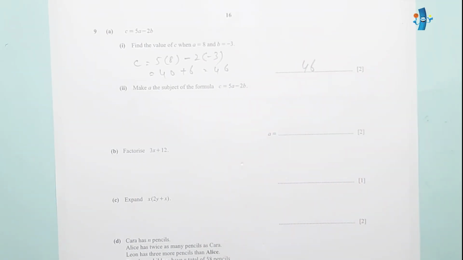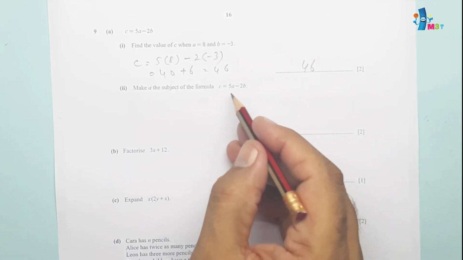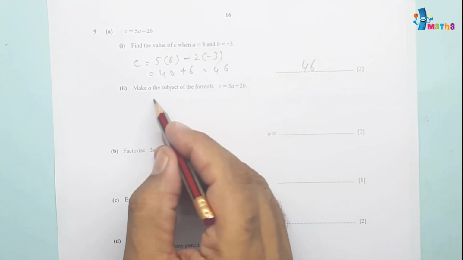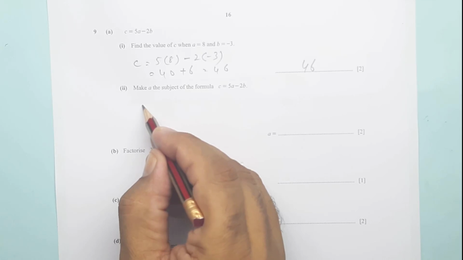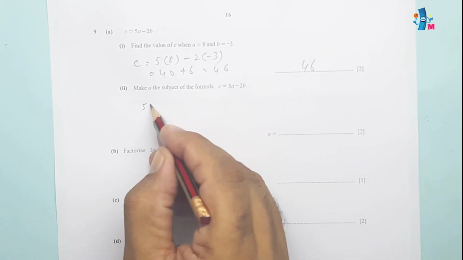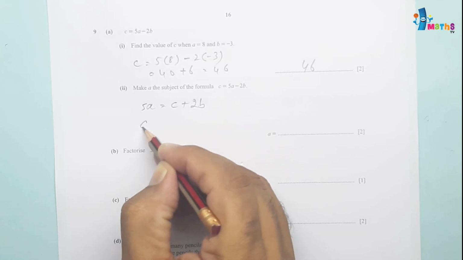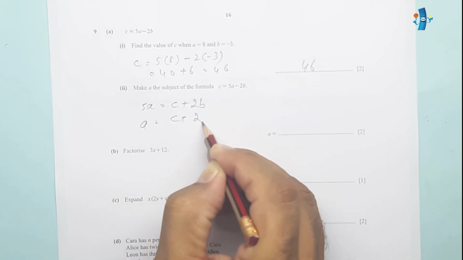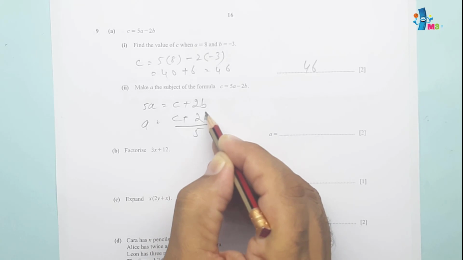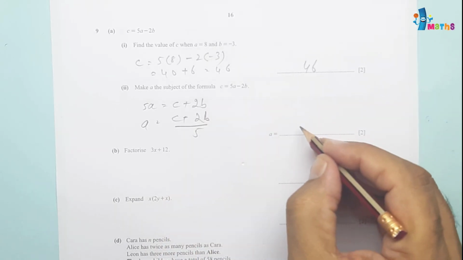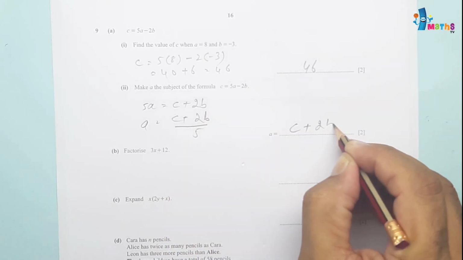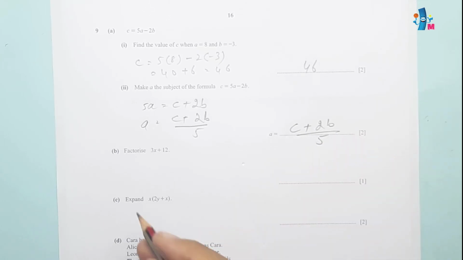Then make a the subject of the formula, so we can shift this minus 2b to the other side. So remaining on this side will be 5a is equal to C plus 2b, and a will be equal to C plus 2b over 5, and our answer will be over here, C plus 2b over 5.